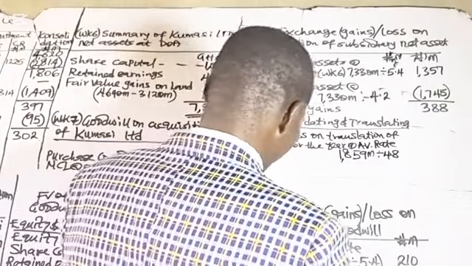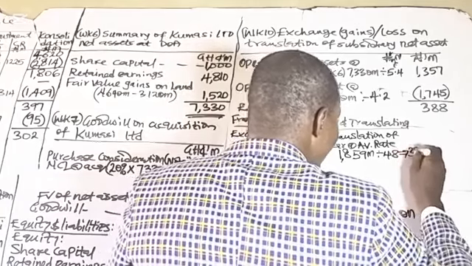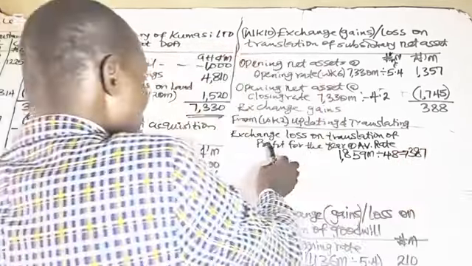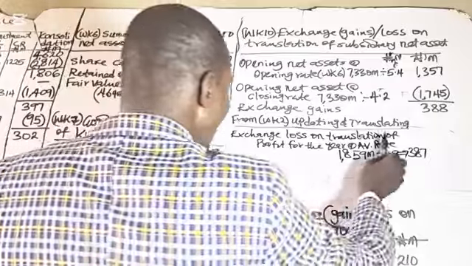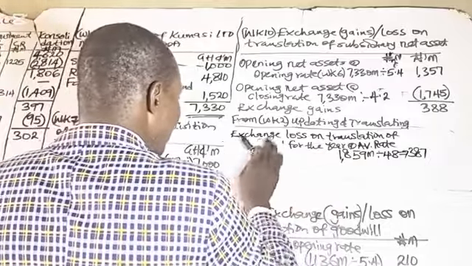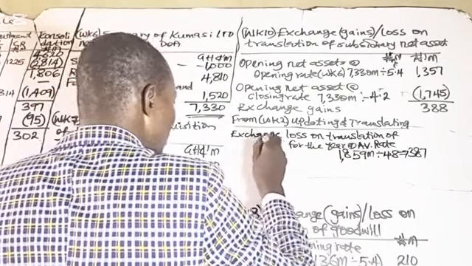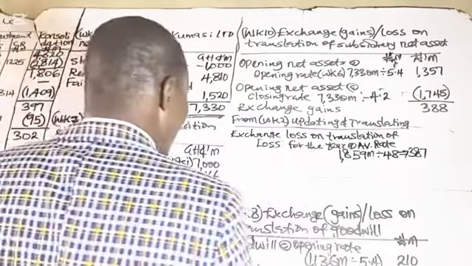So this is 387. This is an exchange loss because it is a loss we translated. Exchange loss on translation of loss for the year at average rate.